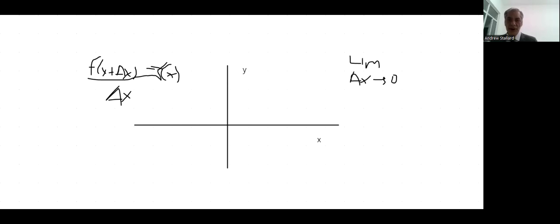I'm going to choose a function. f of x is x squared.